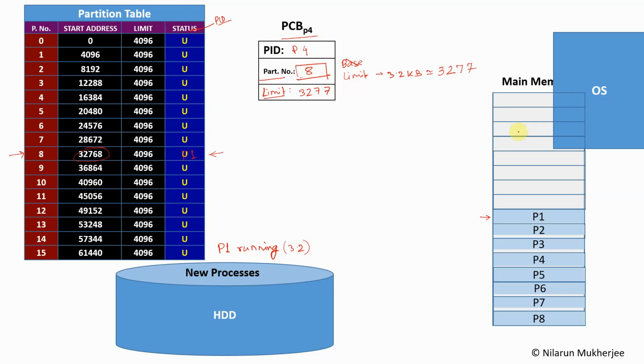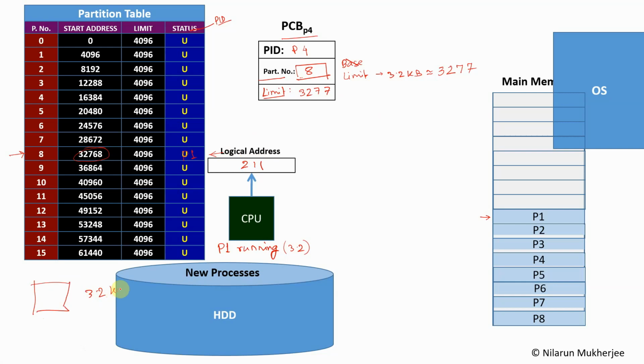So when it runs on the CPU, suppose it generates a logical address of 211. Now P1 is 3.2 KB, so it goes from 0 to 3276, which is the last one.